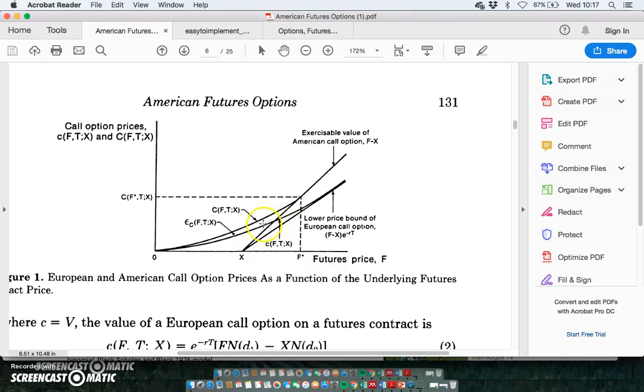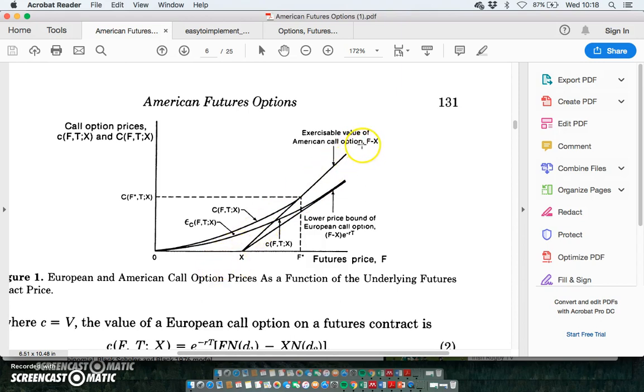We also note that for the European parabola for the futures option contract, its lower bound is given by f minus x e to the negative rt, whereas the American futures option parabola, generated for different levels of f and one level of x, is just tangent to f minus x, and there's no negative region.